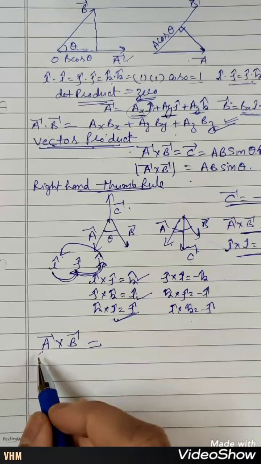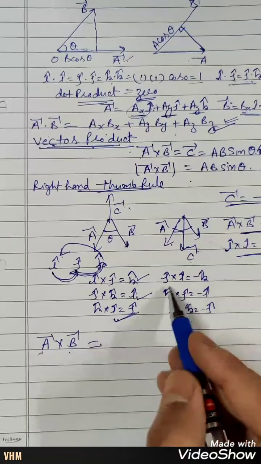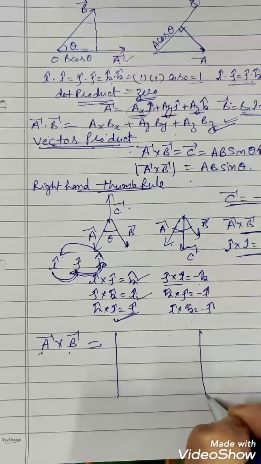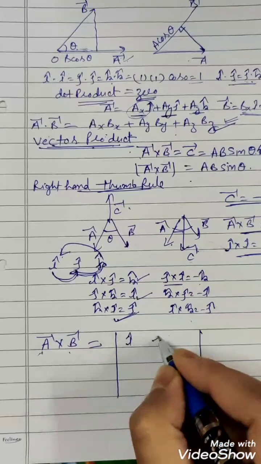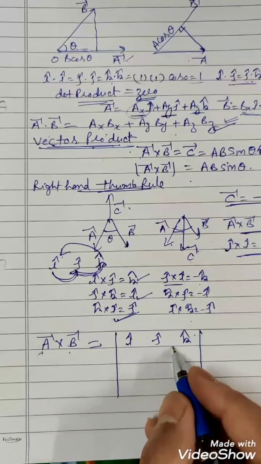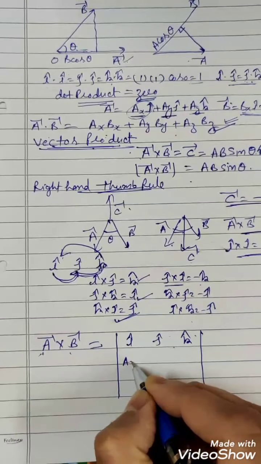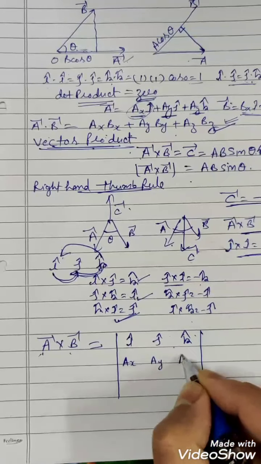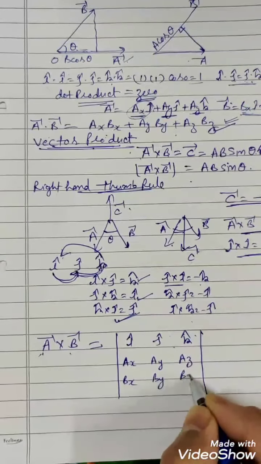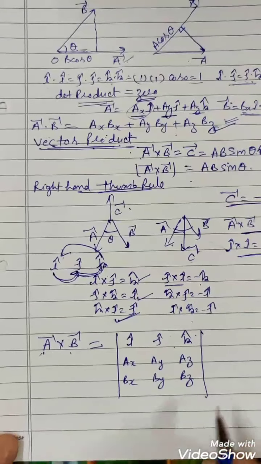Whichever is first must be written first, not behind, because otherwise it becomes negative. So we draw like this, i, j, k, and the coefficients ax, ay, az, and here bx, by, bz.